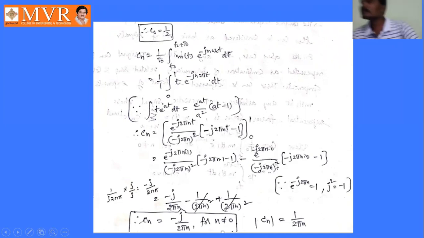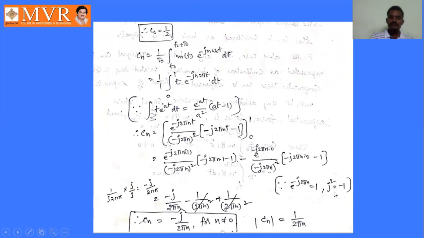So it is equal to e power minus j 2 pi n into 1 by minus j 2 pi n whole square into minus j 2 pi n into 1 minus 1, minus the value at 0. Here, e power minus j 2 pi n is 1 and j square equal to minus 1.